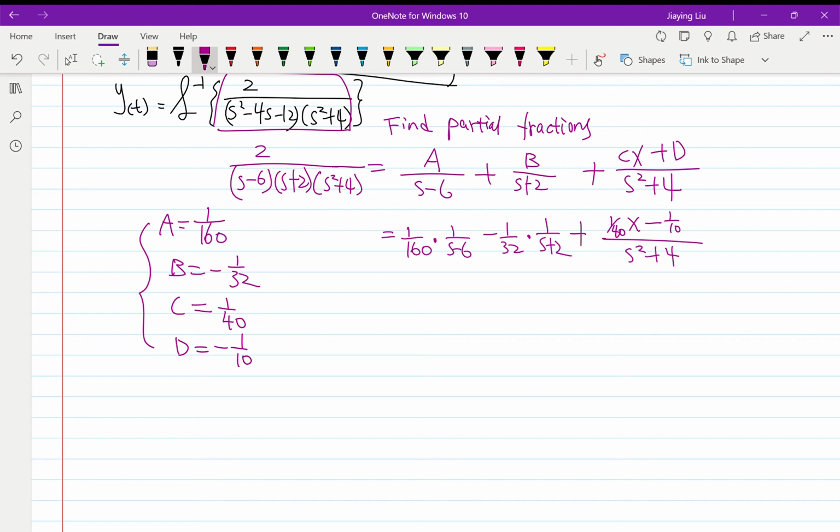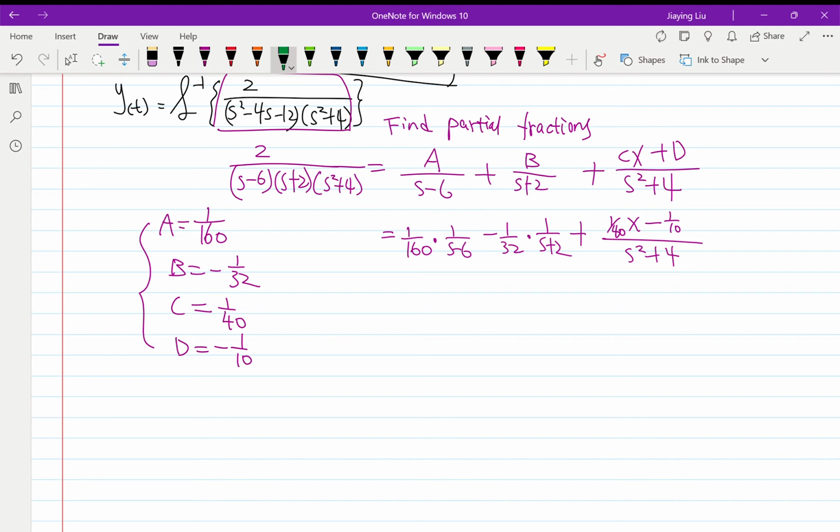And if you remember earlier, I said when we use partial fractions in Laplace transform, we're going to have to split this last part, the last fraction. But let me fix the x.